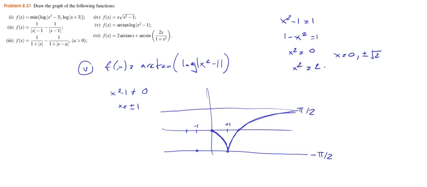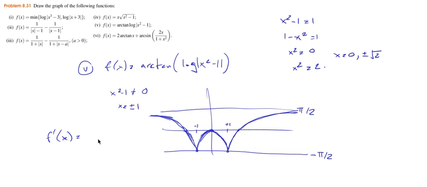Okay, and then the same thing here. So you have this and like this, if I ever learn to paint. So it's a symmetrical function, and you need to check that there's no discontinuity at 0.